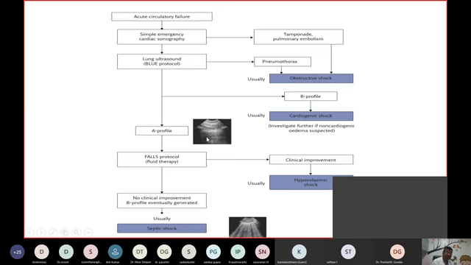At the point where your A profile starts changing into B profile, it means your fluid has started accumulating. So if you see that there is no improvement and B profile is appearing, then it is a septic shock and you treat it accordingly. So even this FALLS protocol to guide fluid management, we can adapt in the pediatric or neonatal age group.